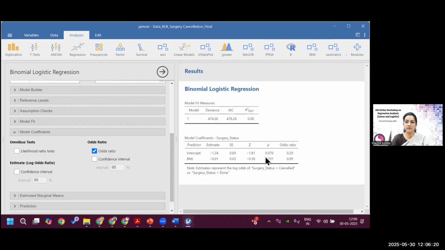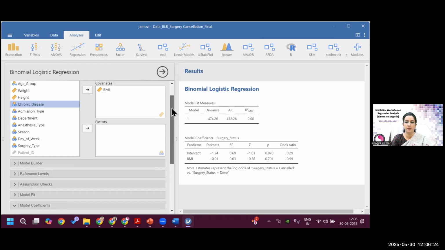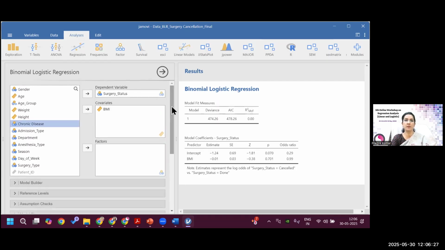But we are more concerned about the p-value. This is univariable analysis, and the odds ratio you can see here, 0.99, is which type of odds ratio? We have learned two types, unadjusted odds and adjusted odds.